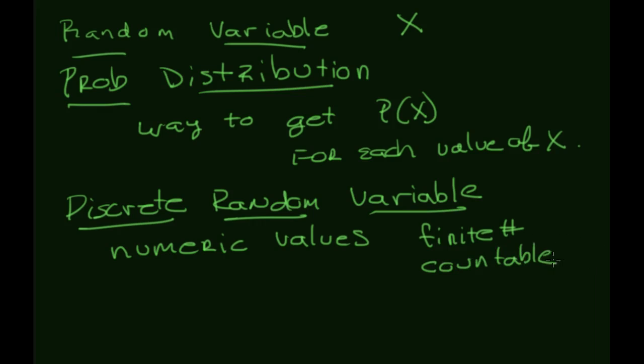Okay, so if there's a finite number of them, like if x can either be 1, 2, or 3, or like rolling a six-sided die, the only possible values for x are 1, 2, 3, 4, 5, 6. So that's a finite number.